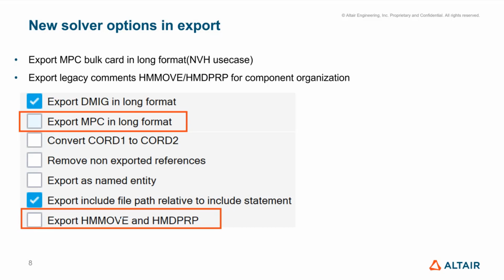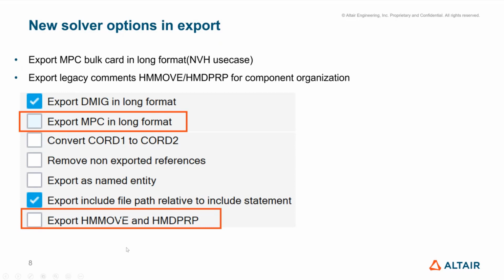Right now in HyperMesh, our export templates are mutually exclusive. The user can either export in fixed format or large field format. To handle these use cases, we added the export solver options so that these particular bulk cards can be exported as long format in spite of the template being the fixed format.